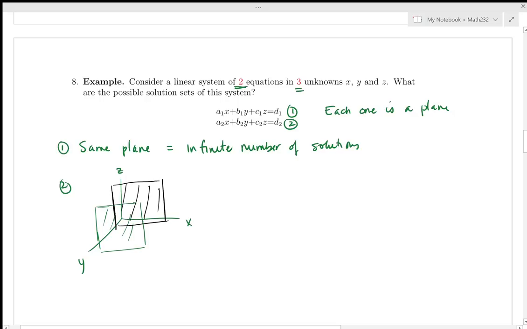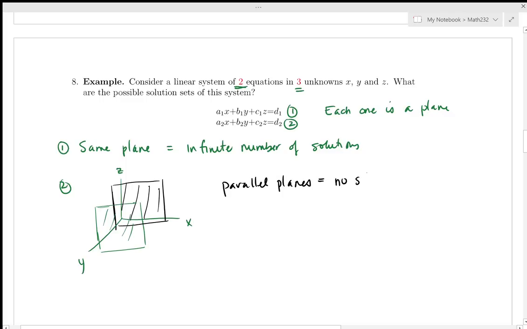So I've got 2 vertical planes, one behind the other, and they do not intersect. So this is another possibility. These are the parallel planes. And then that's going to be no solutions.